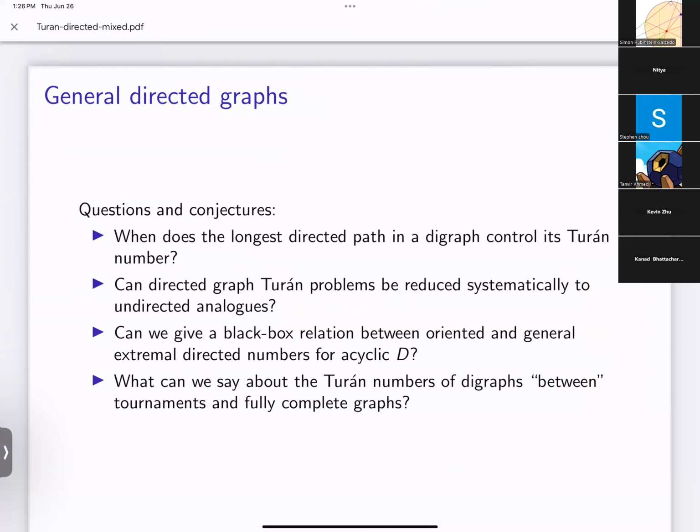But I think that these problems are really basic. They've been studied by the same people who started the field and who thought they were really interesting problems. They're very fundamental, not just because of applications, but also because I think they're really basic questions. And we understand them incredibly poorly, and there's a lot of room to make progress with relatively low-hanging methods compared to the ones that are being deployed for other Turán problems.